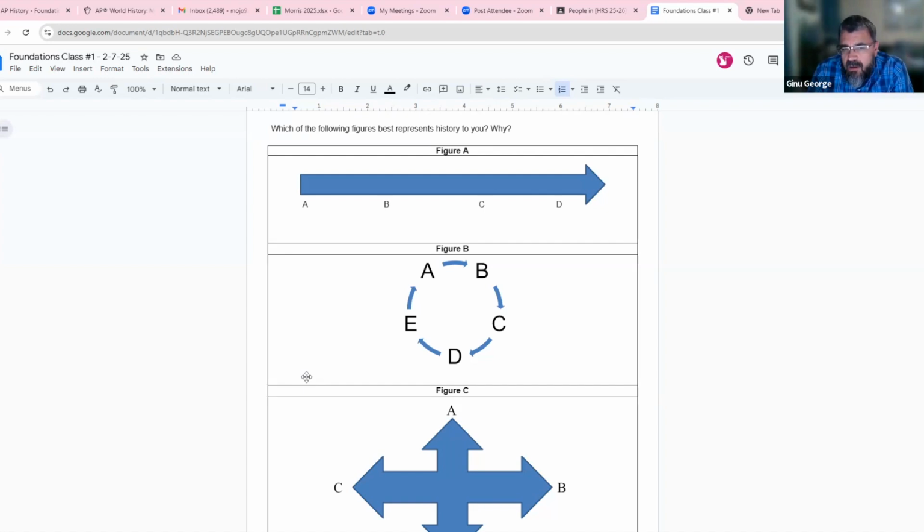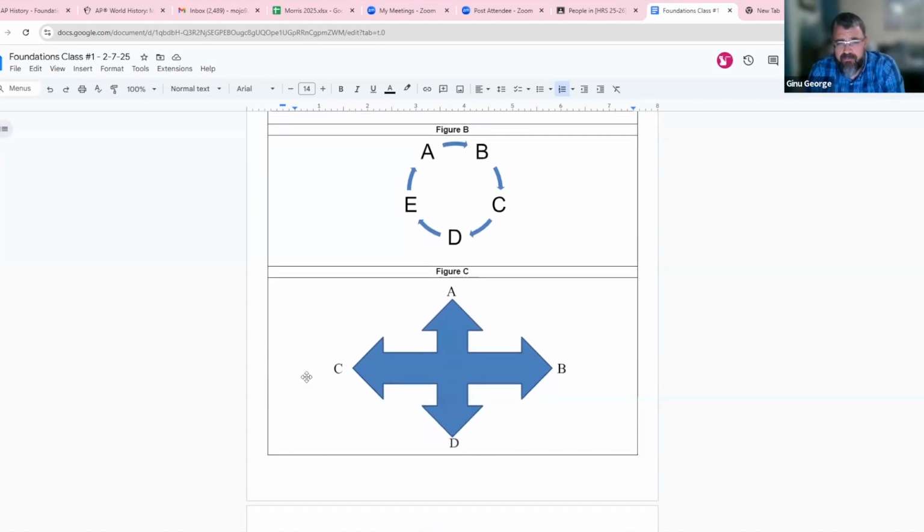Figure B shows event A, event B, moving in a cyclical motion. And then figure C gives us arrows pointing out from a central location to A, to B, to C, to D.